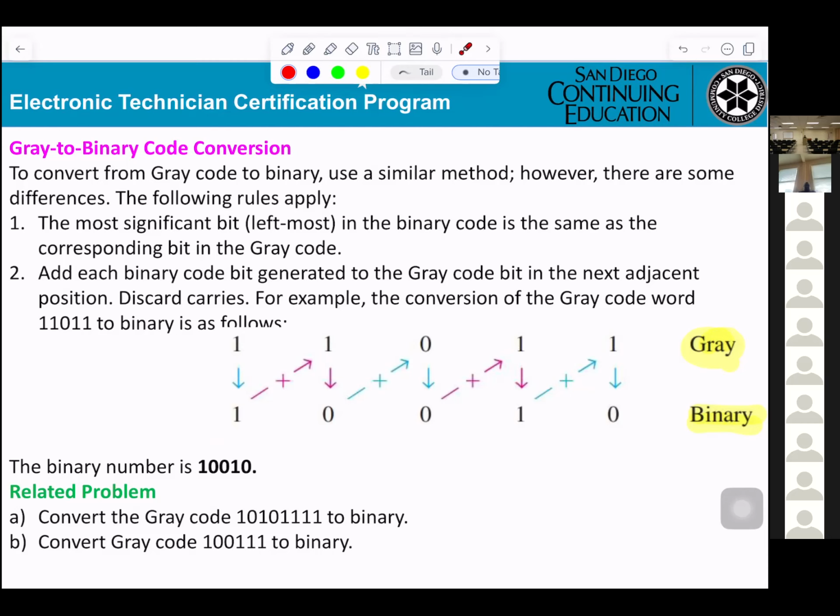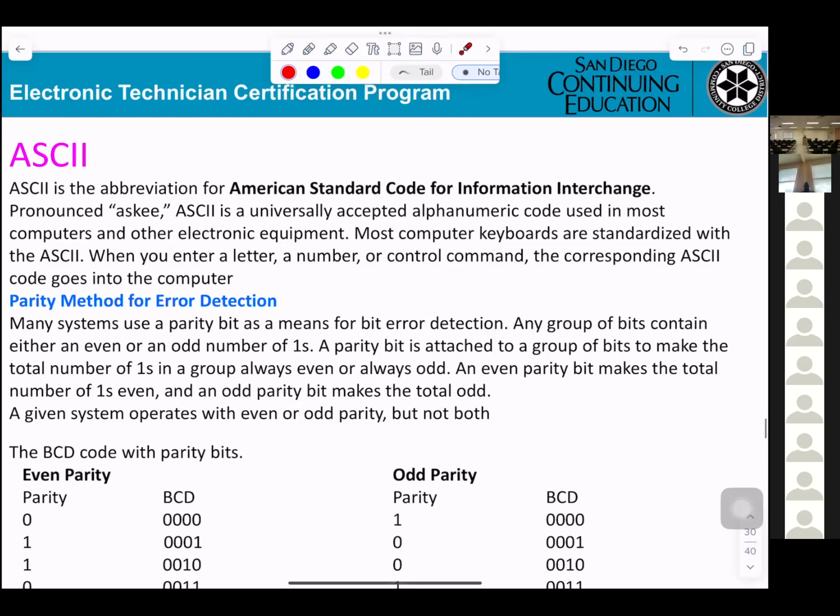Okay, and 1 adding to 1, what you get? 0. 1 adding to 1, you get a 0. Okay, carry 1. And 0 adding to 0, you get a 0. After you get a 0 here, you add 1, you get a 1. 1 adding to 1, you get 0. No carry. Okay?